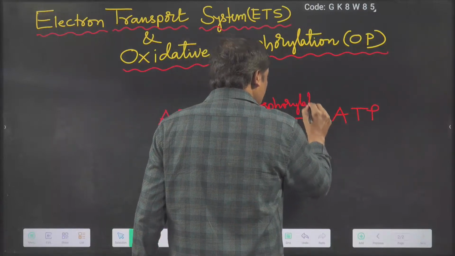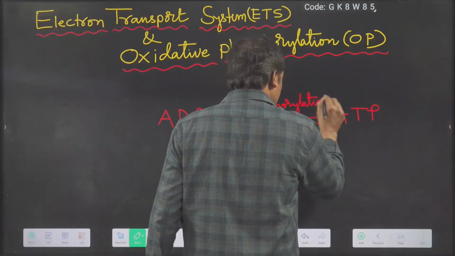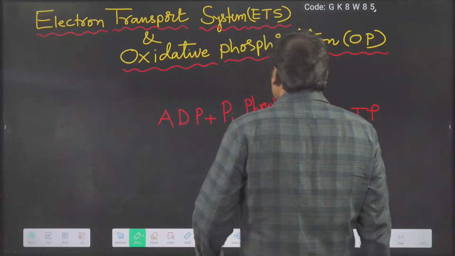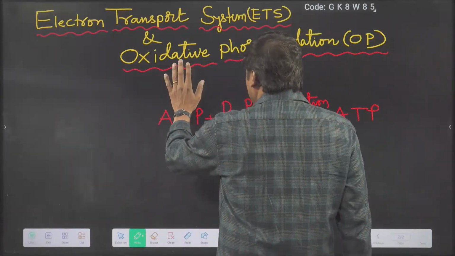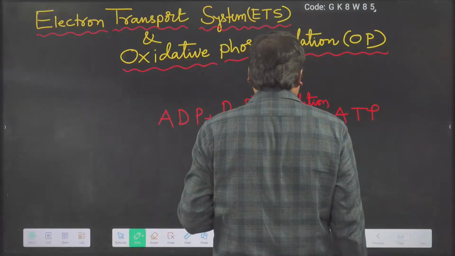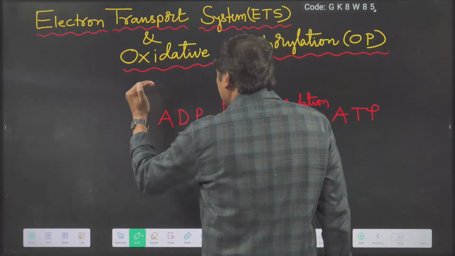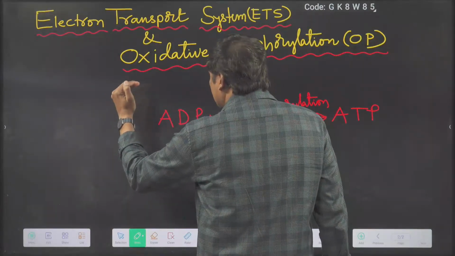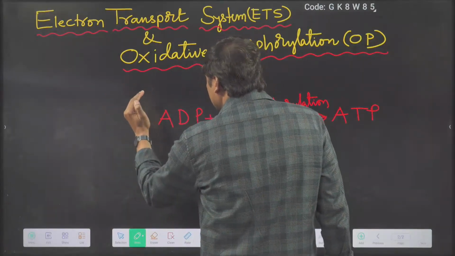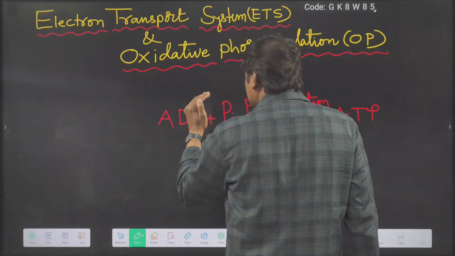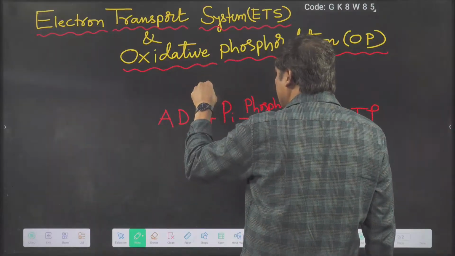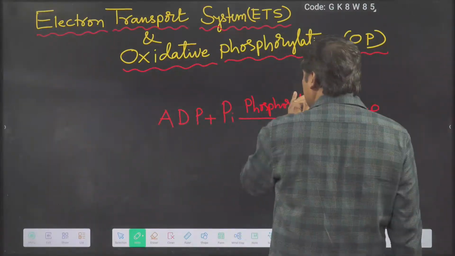If this phosphorylation takes place during oxidation, that means one compound undergoes oxidation, then another becomes reduced.